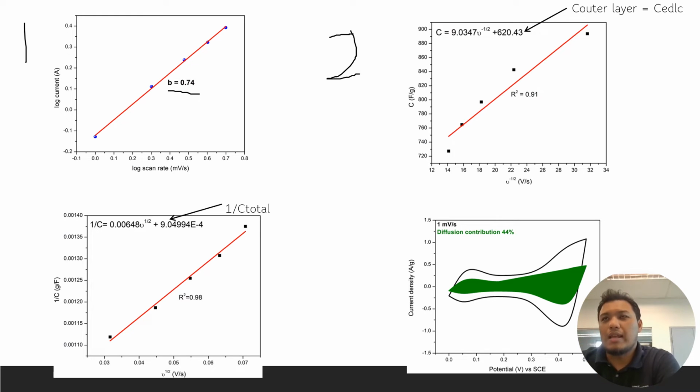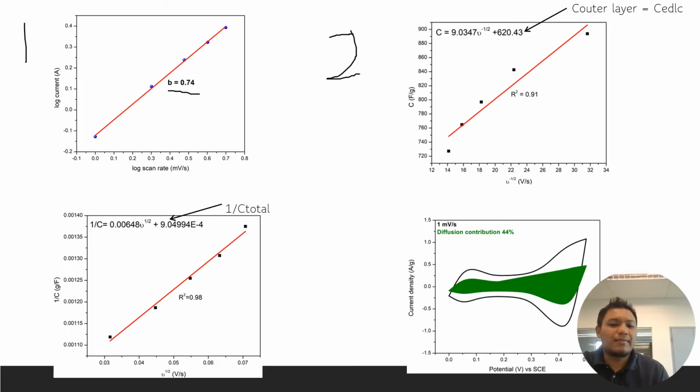So in reality, the total capacitance equals the capacitance of EDLC plus the capacitance of the pseudocapacitor. So the first graph gives you the capacitance of EDLC. Now you want to find the capacitance of pseudo.